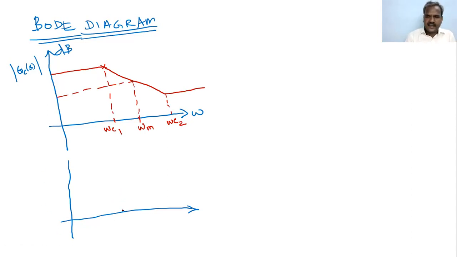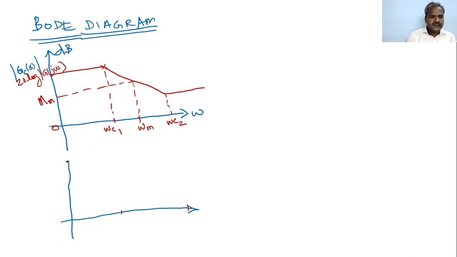Similarly, here we have omega C1 and omega C2. This is 20 log of G of j omega. This is the maximum amplitude, and here it is 0.